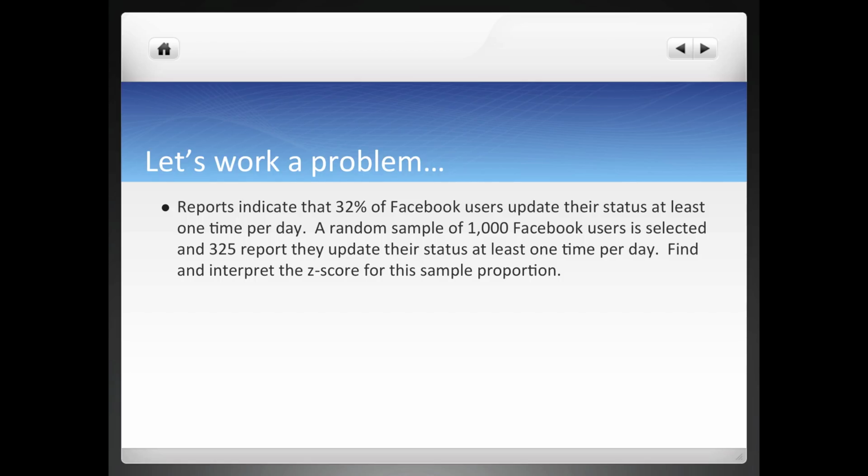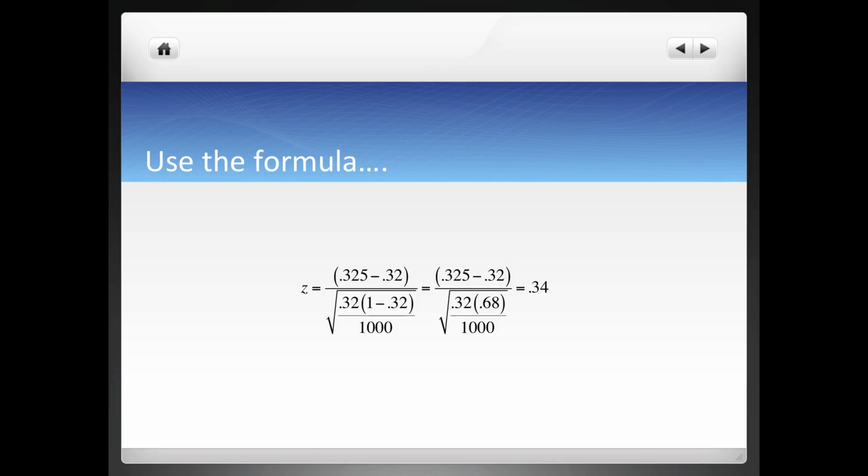Well, at the end of the day, this is a lot of plug and chug. And what I've done is use the formula. So guys, let's think this through. In the upper left hand, the 0.325, that's our p hat. We subtract that from 0.32, which is our population proportion. And our standard error is the square root of 0.32 times 1 minus 0.32, divided by 1,000.